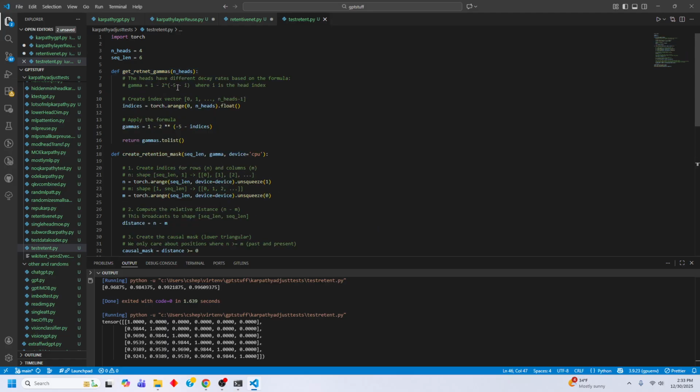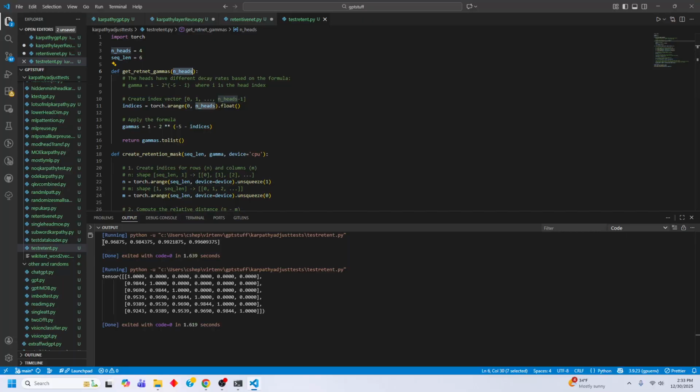So this first function is going to get, basically for each head, a different value. I printed out what you get from this one with 4 heads: 1, 2, 3, 4. Some different values close to 1, but around 0.99 or 0.98.